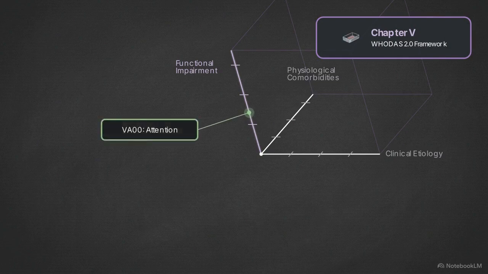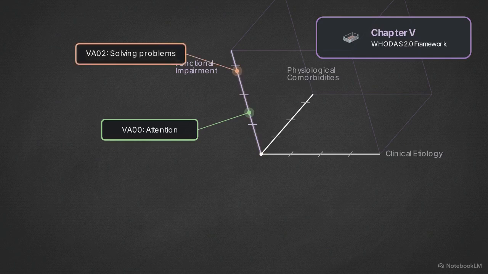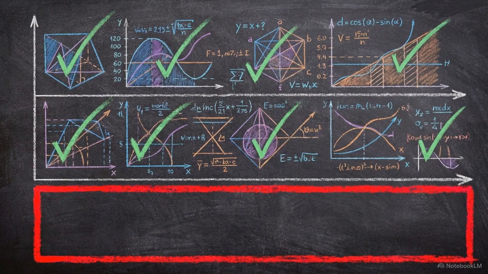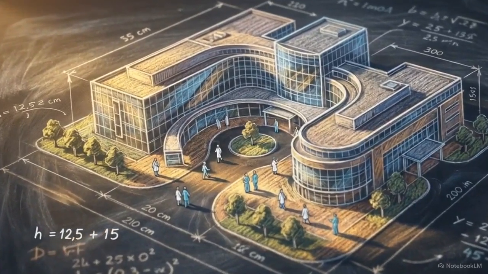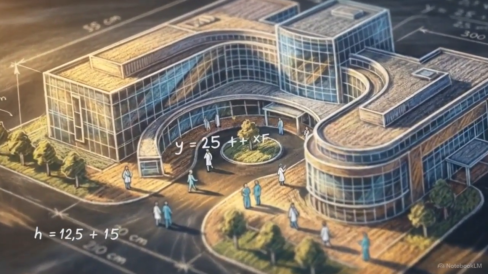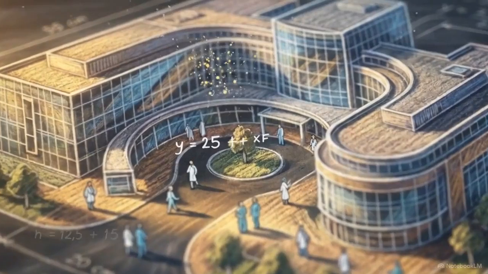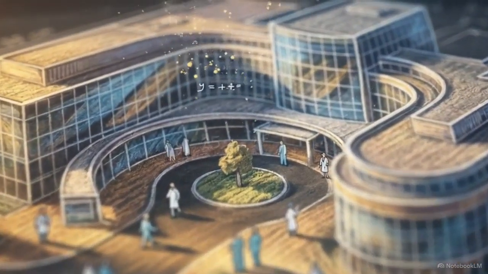It evaluates cognitive capacities, applying codes like VA00 for attention and VA02 for solving problems. Determining origin on the x-axis and physiological state on the y-axis is clinically incomplete without this z-axis, quantifying the patient's daily capability limitations. This 3D matrix mandates mapping a disorder's phenotypic presentation alongside its exact origin, somatic footprint, and measurable impact on human life.